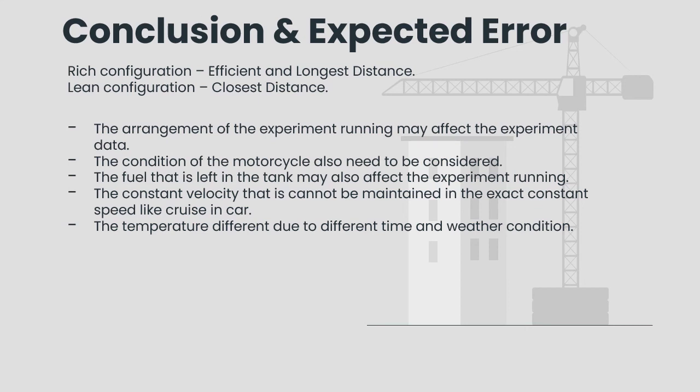Third is the fuel left in the tank, which may also affect the experiment. The fourth is that constant velocity cannot be maintained at an exact constant speed like cruise control in a car. And the last is the temperature difference due to different times and weather conditions.